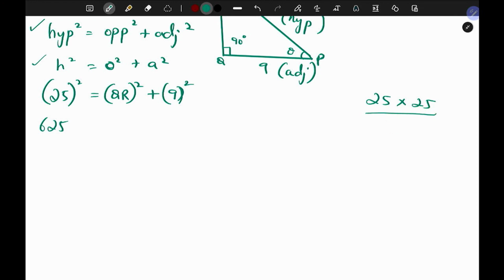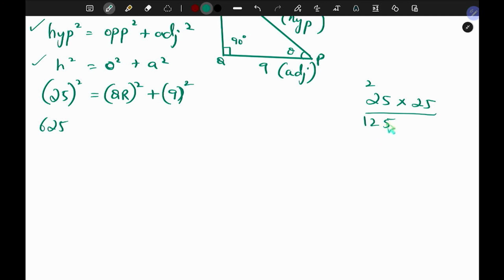But for people who don't know how to multiply, I'm going to do this, and for people who know multiplication, please skip 4 to 5 seconds. 5 into 5 is 25, so you write 5 and the 2 is carried. Now 5 into 2 is 10, 10 plus the carried 2 is 12, you write 12.